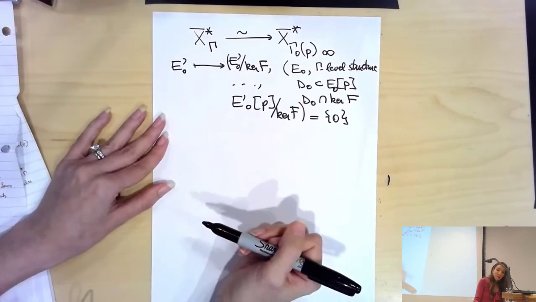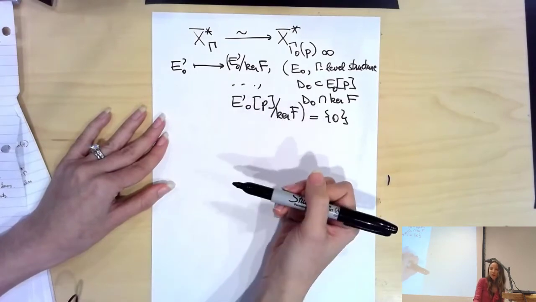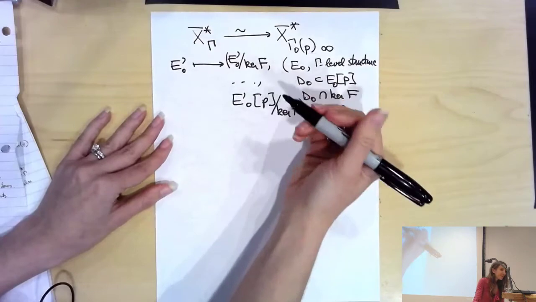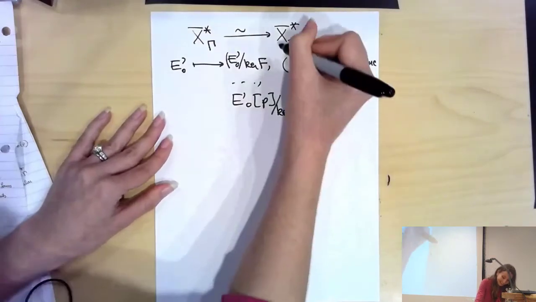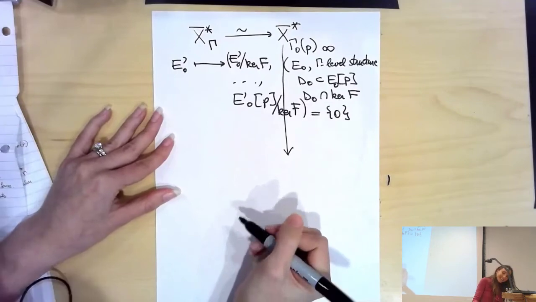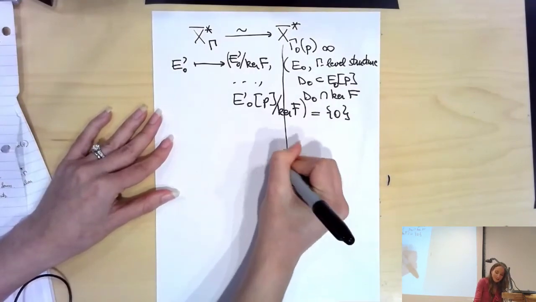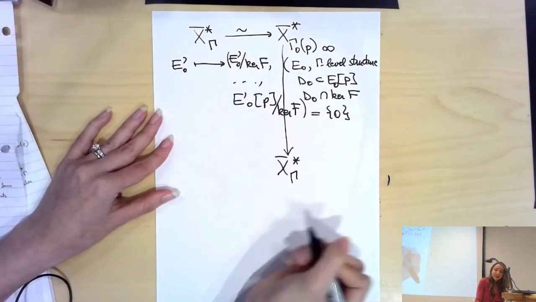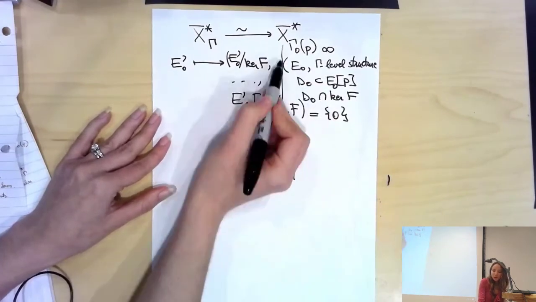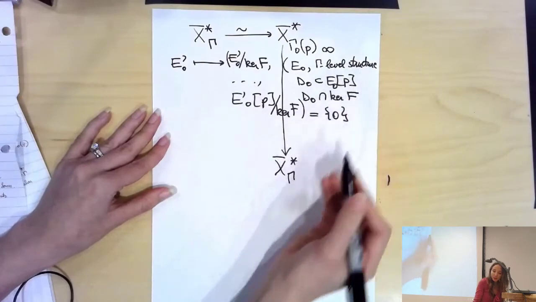Because of this, the transition morphism is more sophisticated. This is still the forgetful map, but now you just remember the elliptic curve and the gamma level structure.